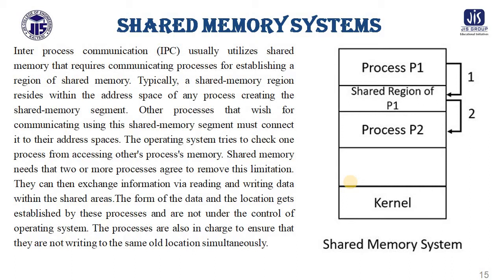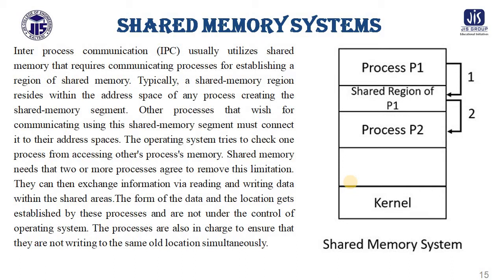Interprocess communication using shared memory requires communicating processes to establish a region of shared memory. Typically, a shared memory region resides within the address space of the process creating the shared memory segment. Other processes that wish to communicate using this segment must attach it to their address spaces.